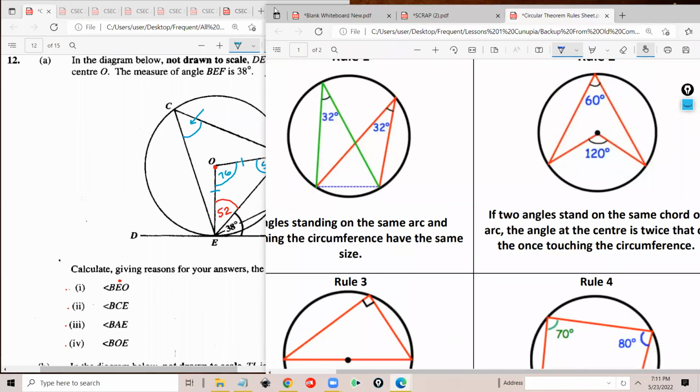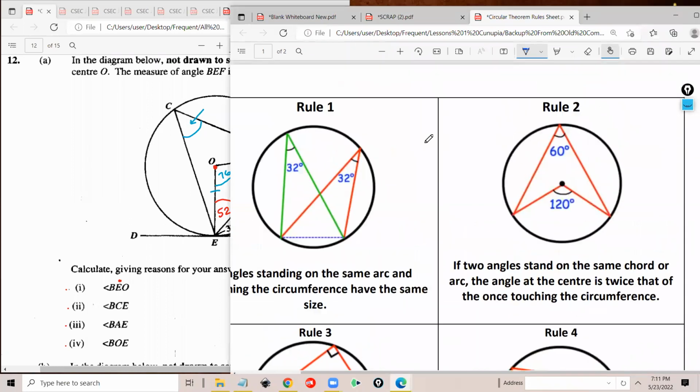So rule 2 is basically saying that if you have an angle starting at the circumference, hitting the center and bouncing back to the circumference, and you have another angle starting at the same place, but this time hitting the circumference and bouncing back, the one at the circumference is always half the size. So if the one at the center is 120, the one touching the circumference will be half that, which is 60.